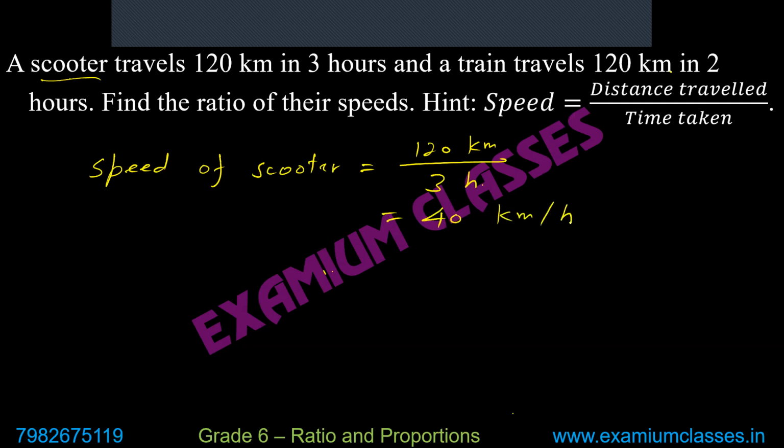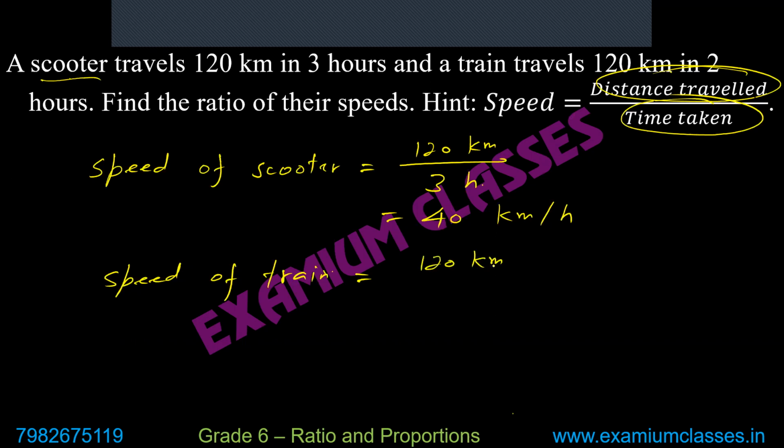Then speed of train, again we will use same formula, distance traveled divided by time taken, and the units are same, kilometers and hours, so we don't need to change. Here it will be again 120 kilometers, but now the time taken is 2 hours. It means it will be 60 kilometers per hour.